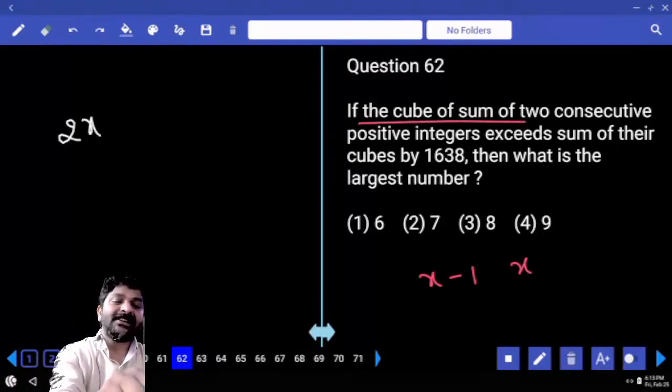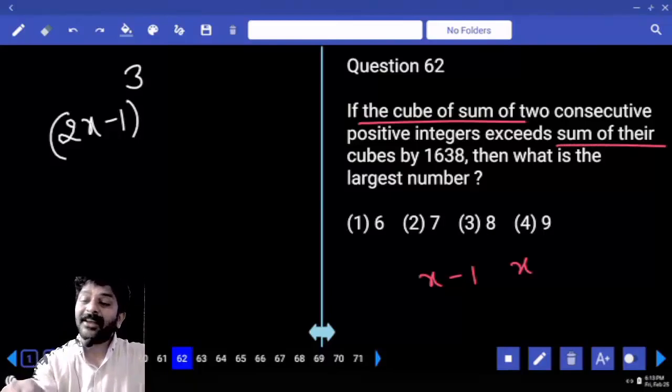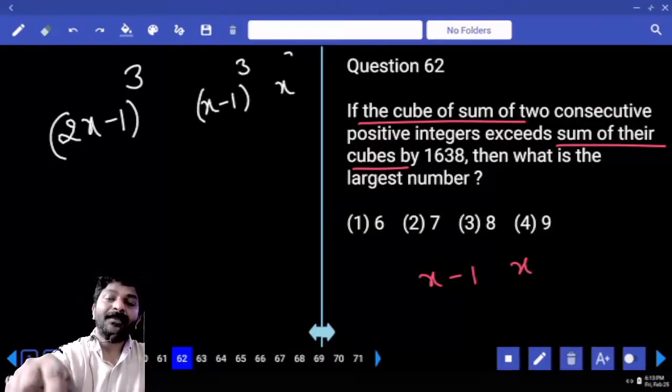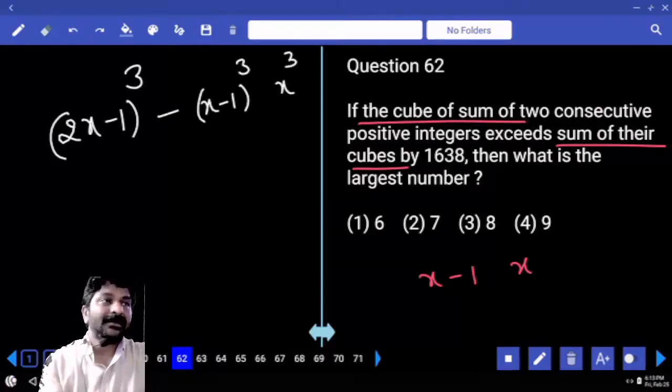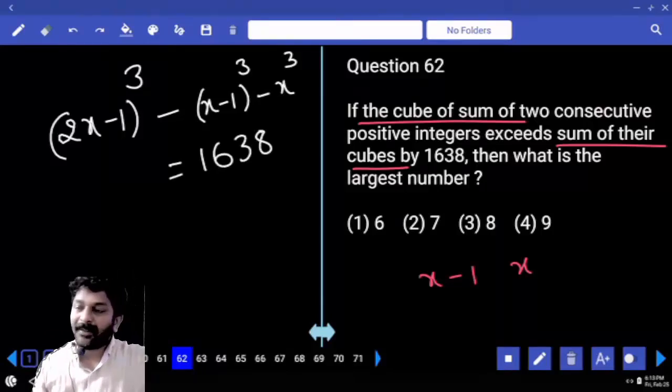Sum of two consecutive numbers is 2x minus 1 only and its cube exceeds, that is more. More than what? Sum of their cubes. Sum of their cubes in the sense x minus 1 whole cube and x cube. So from cube of their sum, if you subtract their cubes, your answer must be equal to 1638. And we were asked to calculate largest number, that is x.